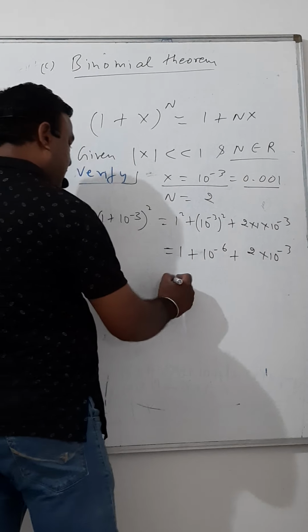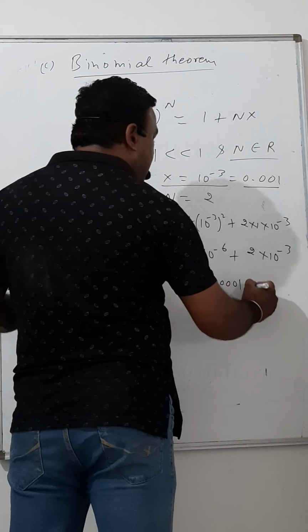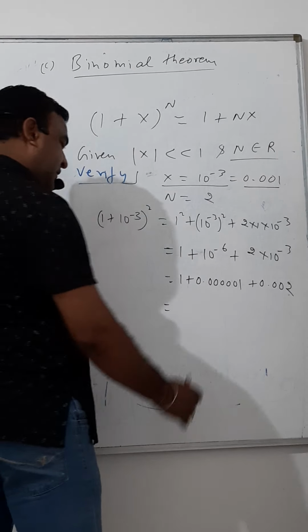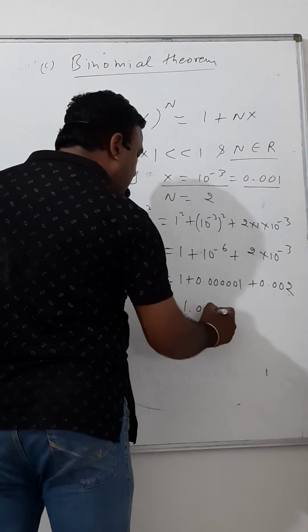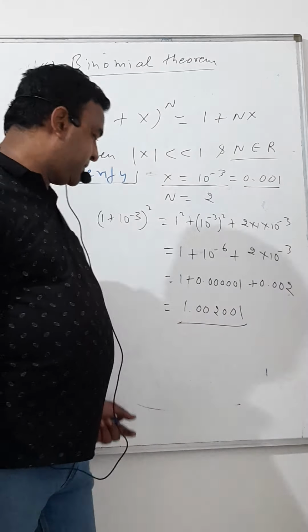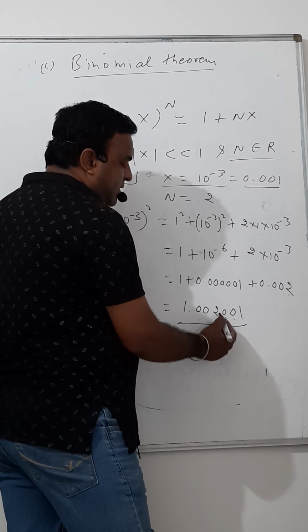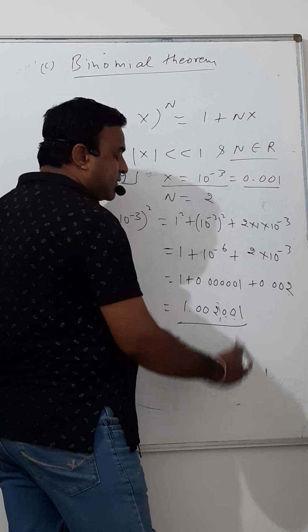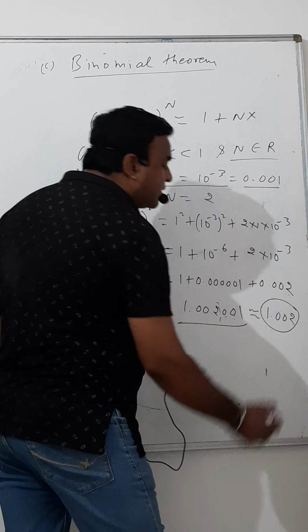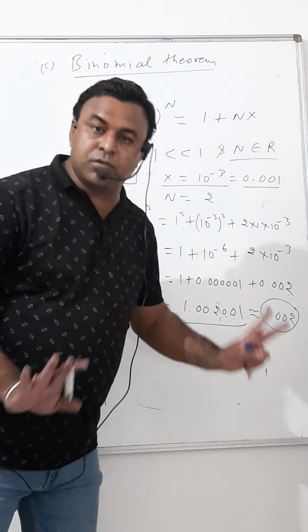Adding it, we get 1.002001, which I can write as 1.002 approximately. This is the conventional way we know.